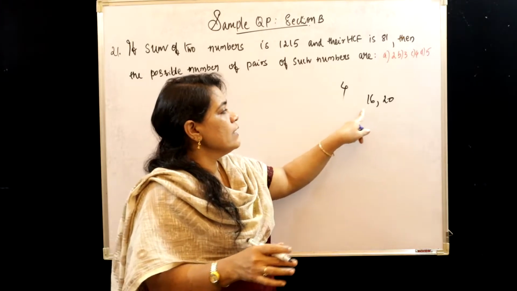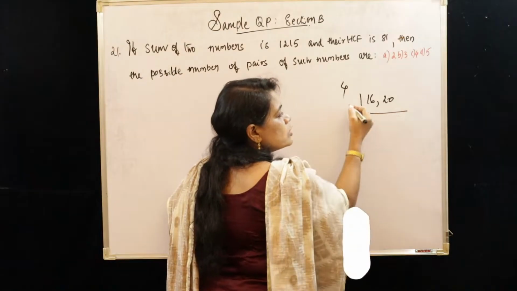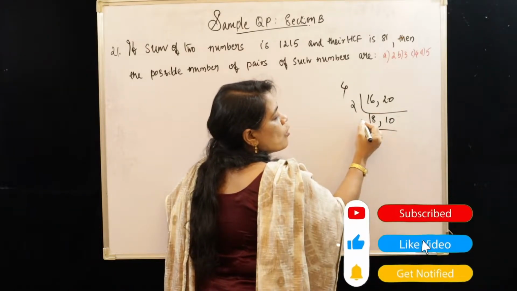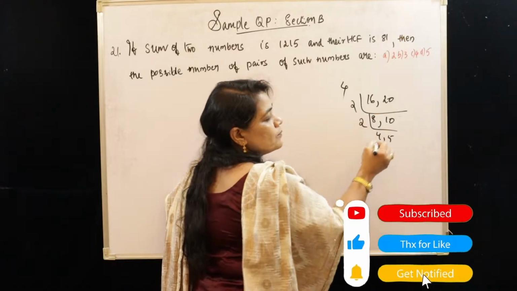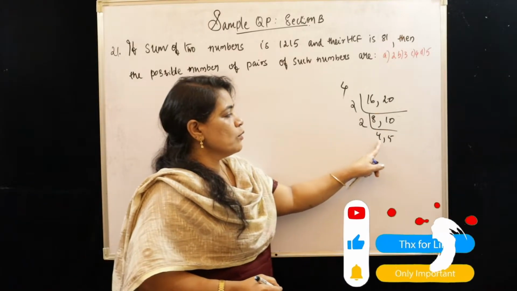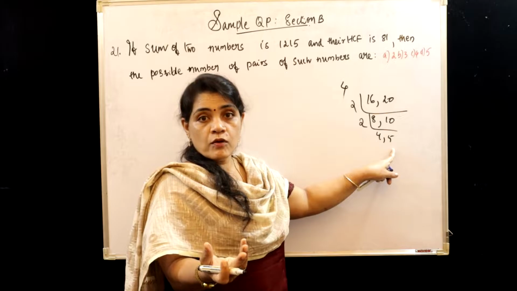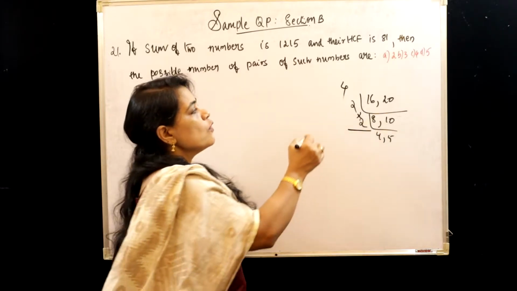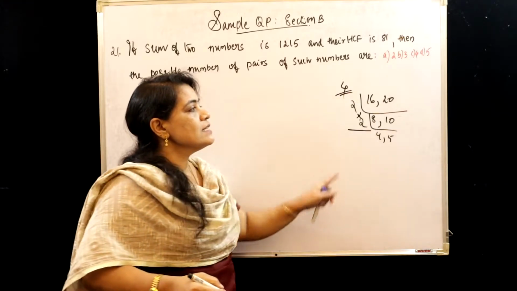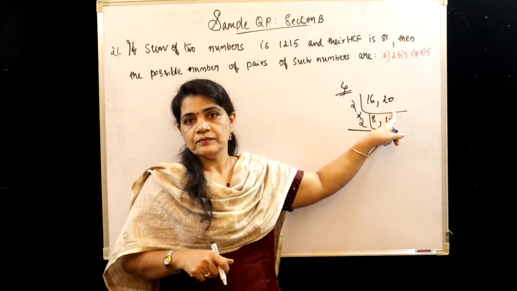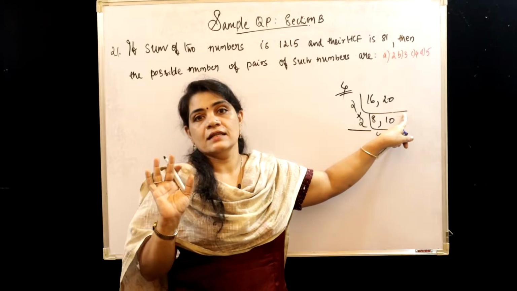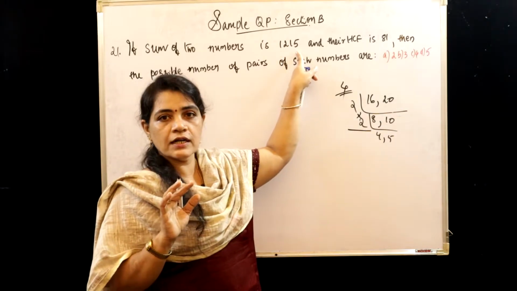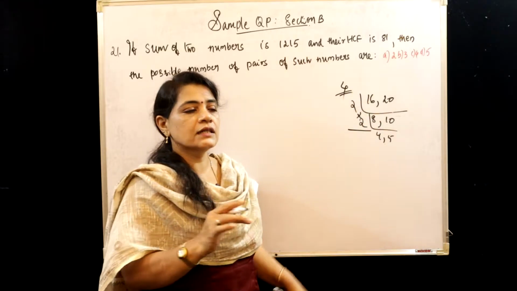If you divide by the common factor 2, you get 8 and 10, again 2 is a common factor, that is 4 and 5. Both are consecutive numbers, no common factor between them. That means 2 into 2 is the HCF. That is, 4 is the HCF of 16 and 20. And their sum is 36. 16 plus 20 is 36. Instead of 1215, here the sum is 36.